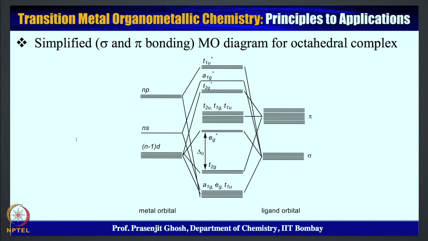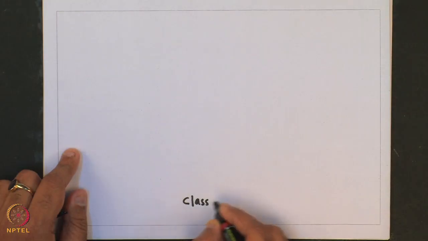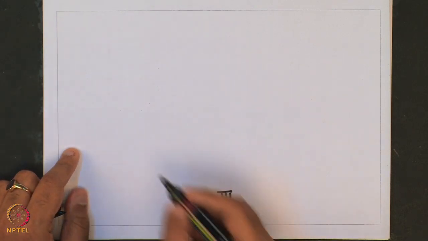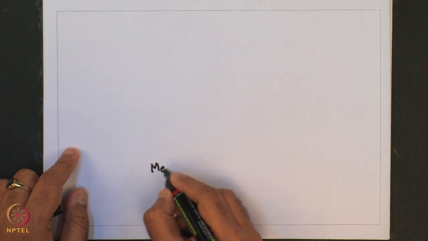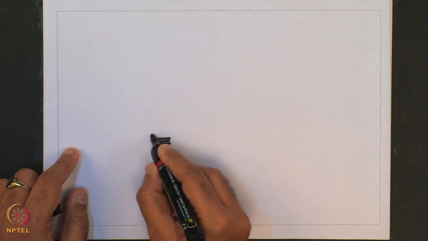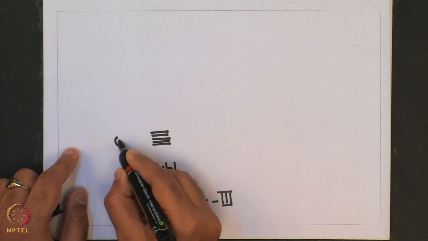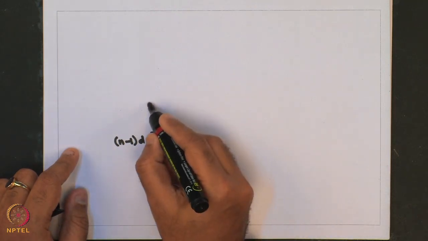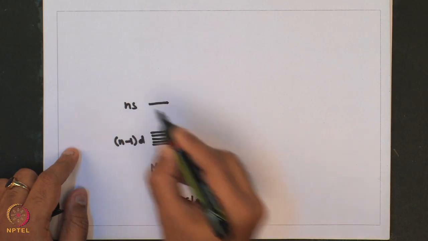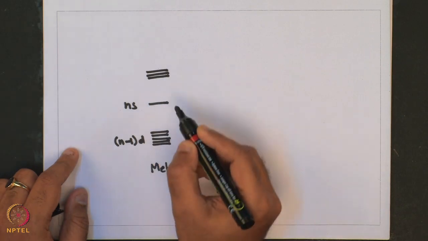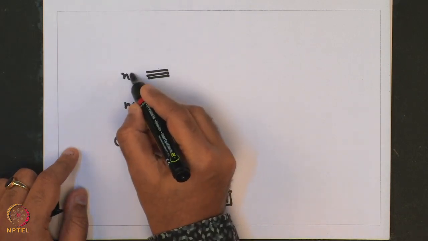In this case also the metal has 5 (n minus 1) d orbitals, 1 ns and 3 np orbitals.